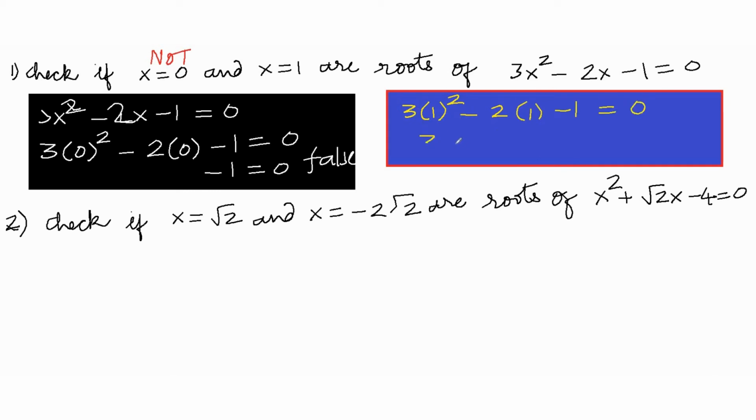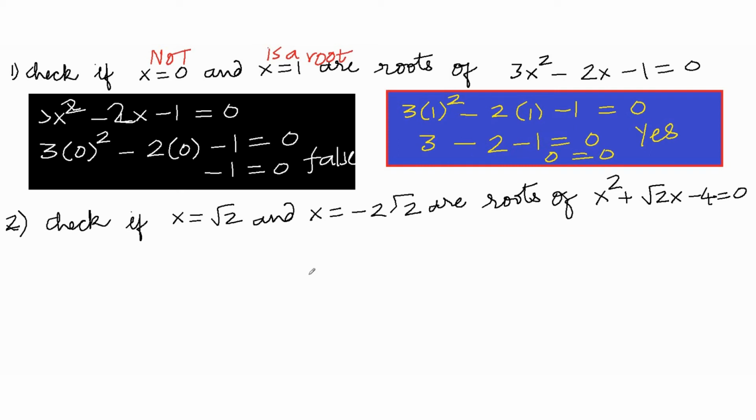So 3 times 1 square is 3, minus 2 times 1 is 2, minus 1 equals 0, and this means 0 is equal to 0, which means yes, the value of x equal to 1 does satisfy the quadratic equation, which means that x equal to 1 is a solution or is a root of the given quadratic equation, right?